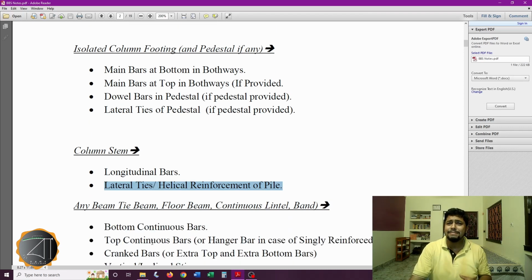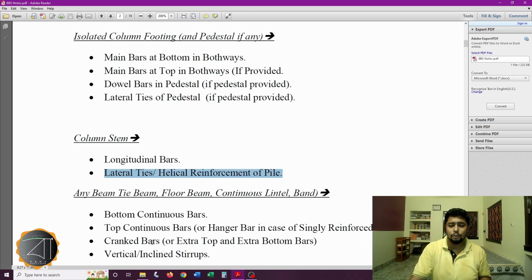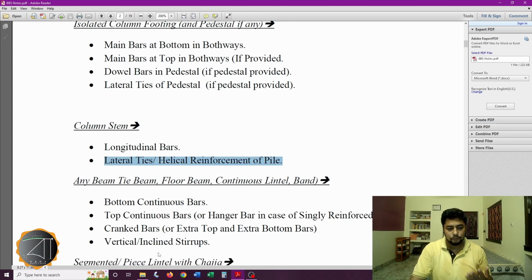Now any beam, be it a tie beam, floor beam, even a lintel or band, because lintel or band are also structurally a beam, there will be mainly four types of bars: bottom continuous bars, top continuous bars.